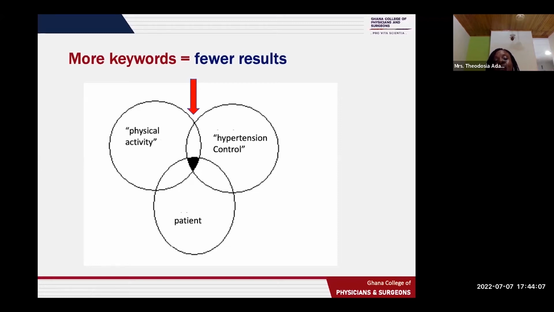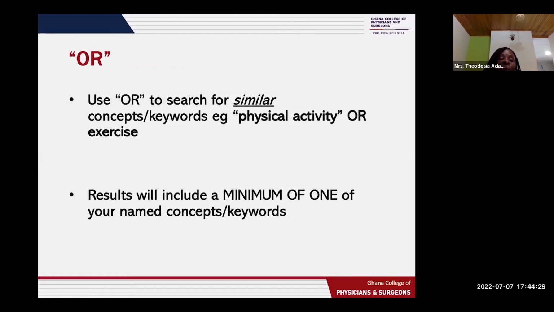The more keywords we link with AND, the fewer the results we get. If we need to expand our search, it's important that we do away with one of the concepts, preferably the one we think is least important. That's for AND.